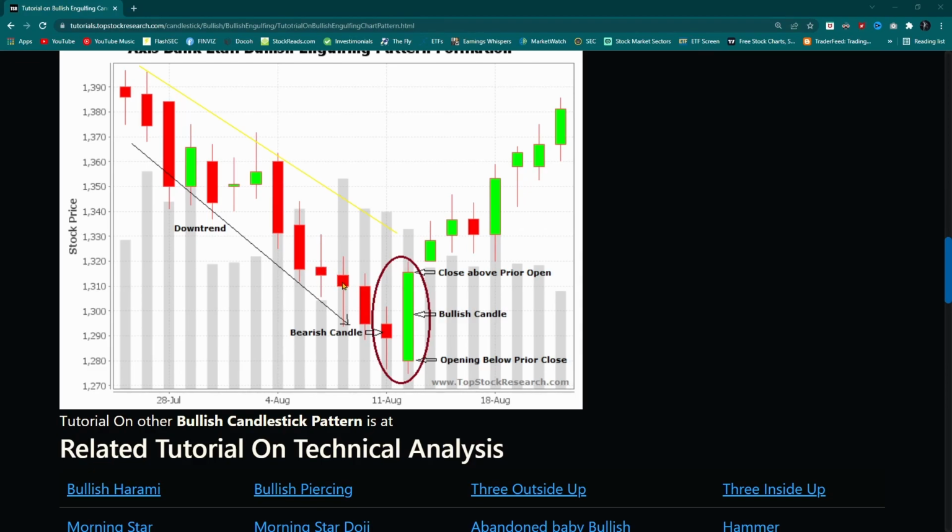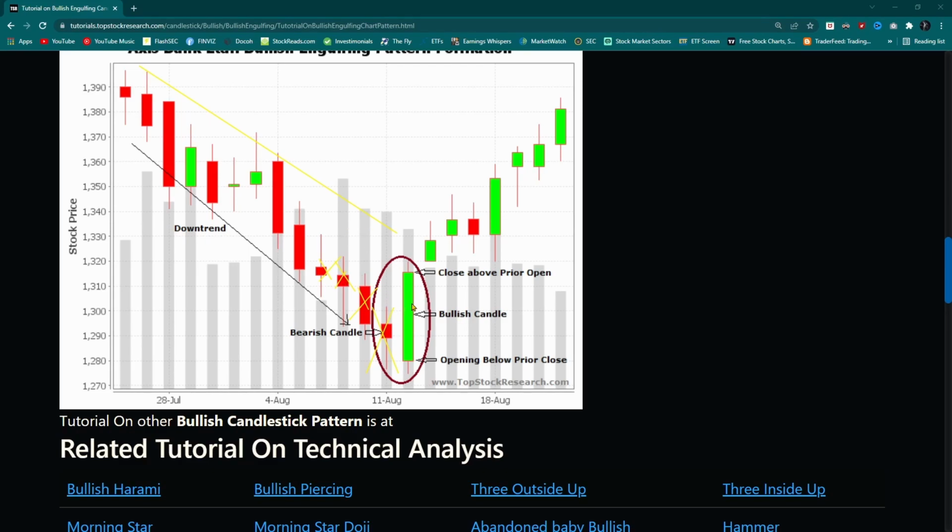But then the next trading day, you have a huge, gigantic green candle. That's a bullish engulfing. This green candle was able to gobble up and eat this last trading day like Pac-Man. And if you really look at it, this one green day here was able to consume not 1, but 2, 3, maybe 4 of the last trading days that were red on this stock.